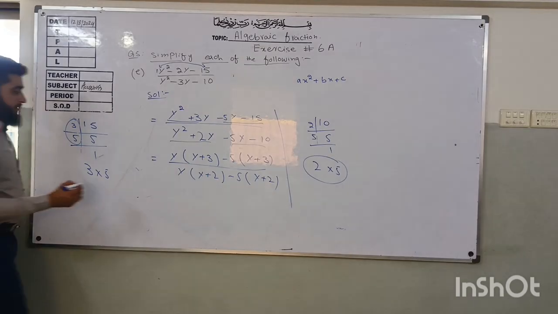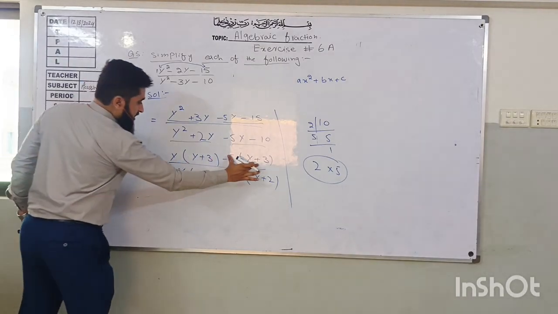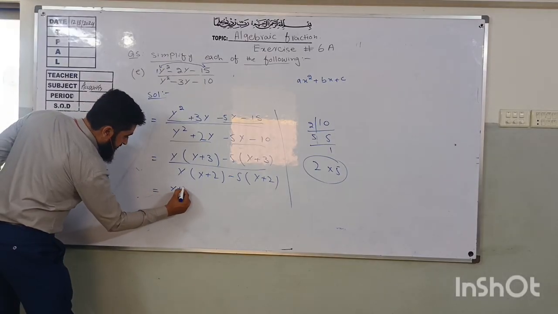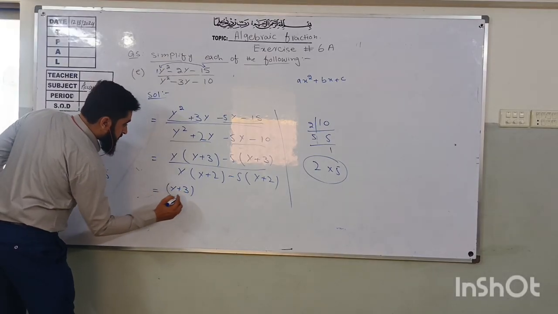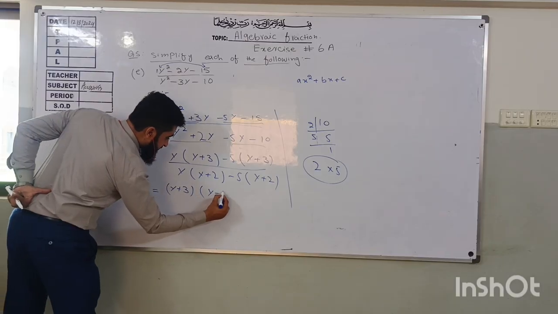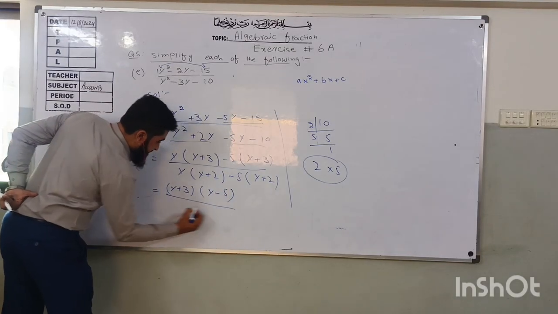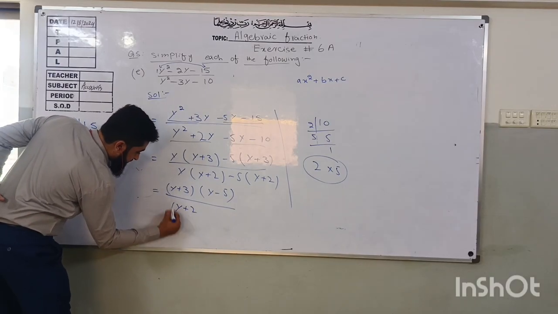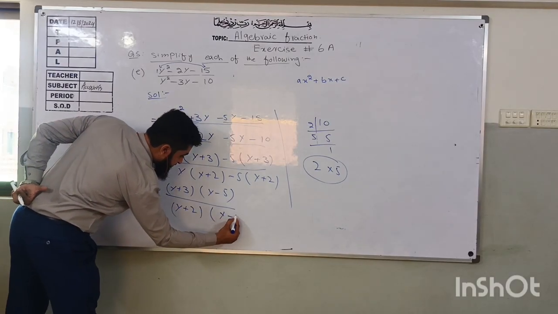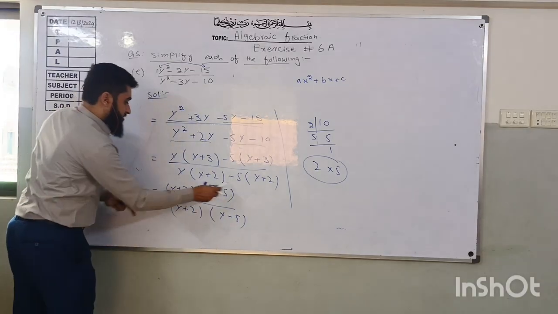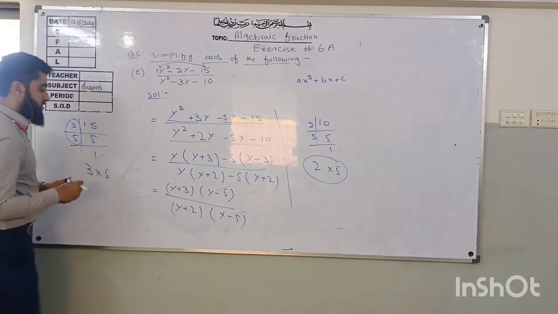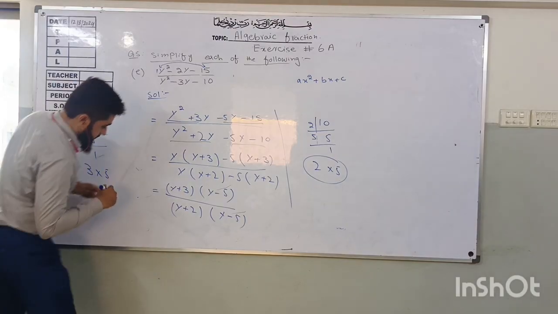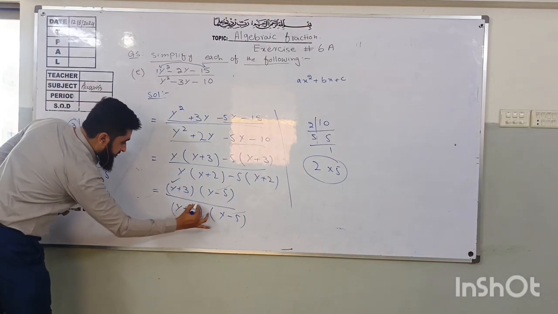What will be the next step? These are common again. So we write y + 3 one time, into y − 5, upon y + 2, again common, y + 2 into y − 5. These y − 5s are cancelled. So the remaining is (y + 3) upon (y + 2). That's our final answer.